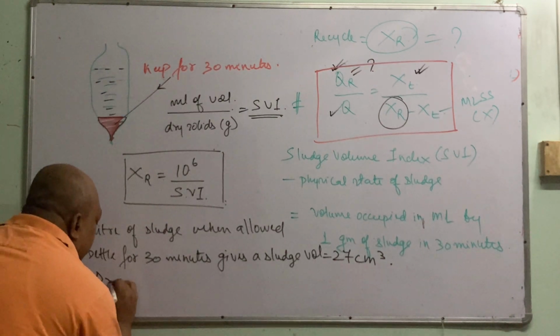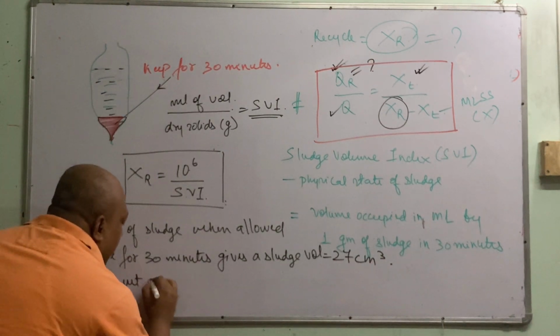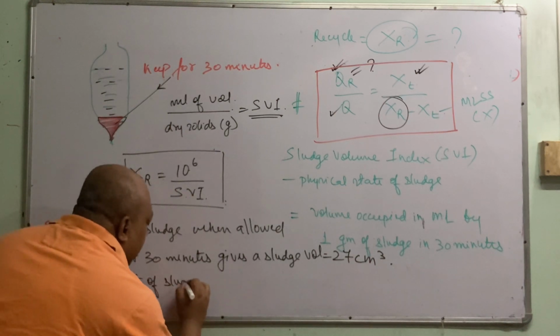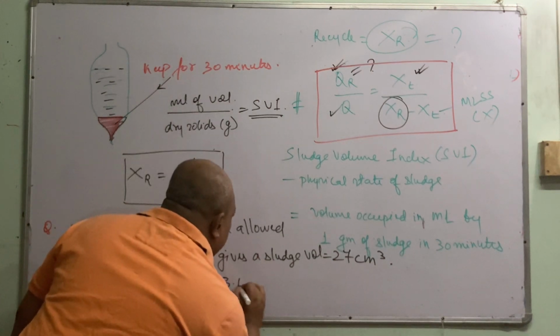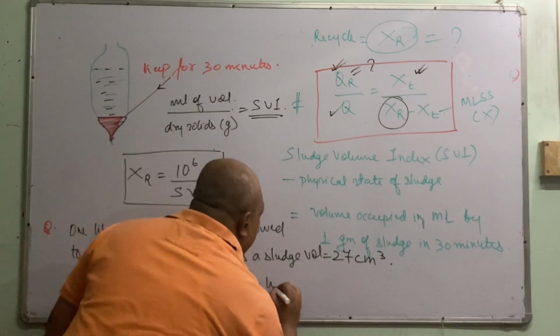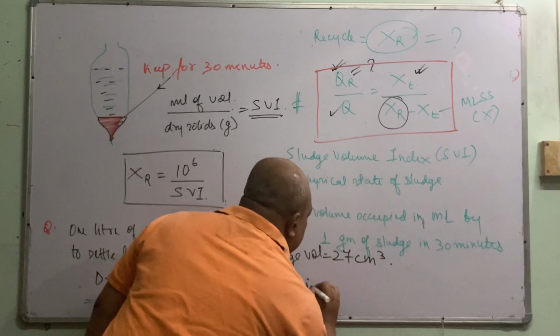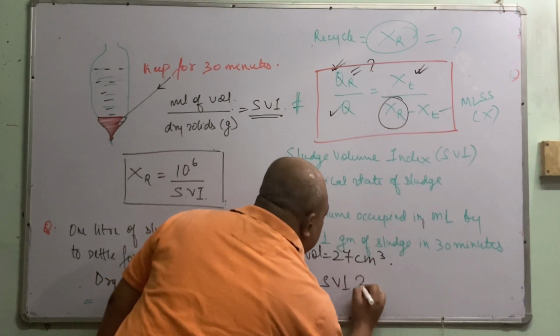The dry weight of the sludge is 3 grams. Then what is the sludge volume index?